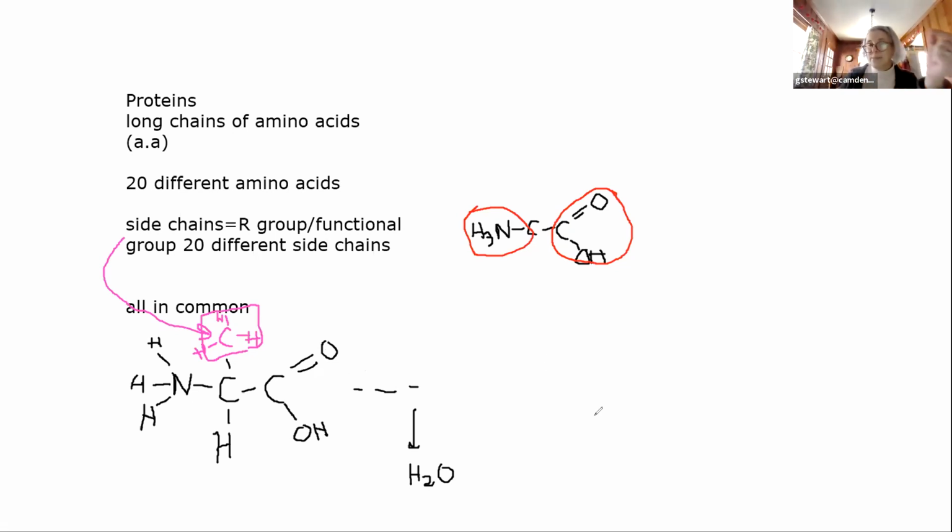And most of your hormones are peptides. So they're short sequences of amino acids, maybe 20, 25 amino acids or fewer, that actually tell cells what to do. Hormones send signals to cells to tell them what to do. And most of your hormones are what we would call peptide hormones, which you will learn lots about when you go to anatomy and physiology.